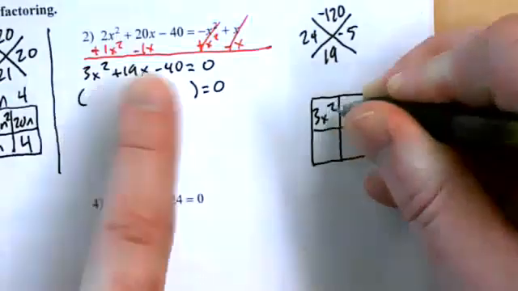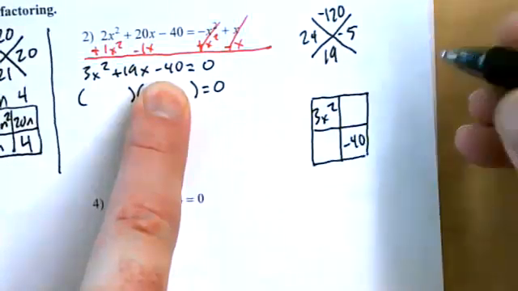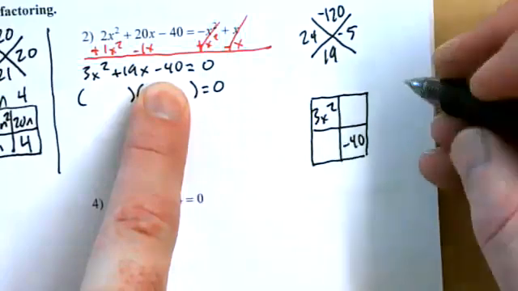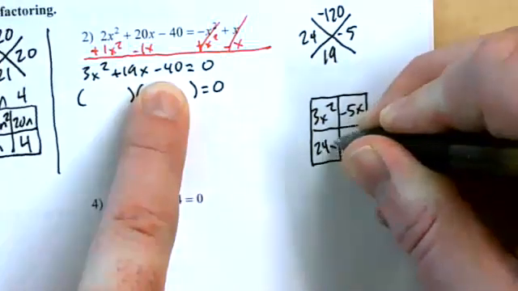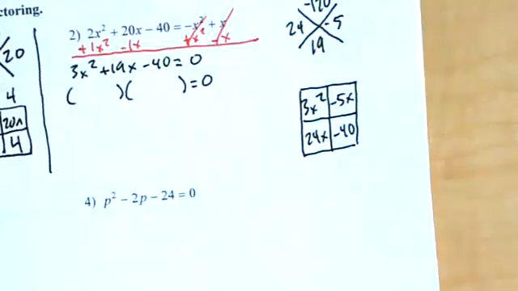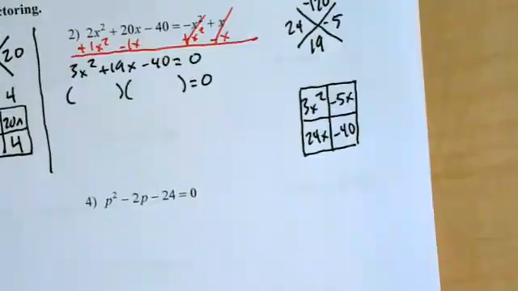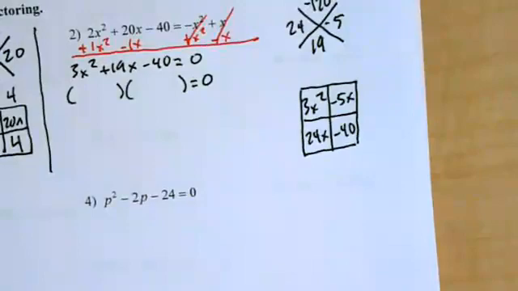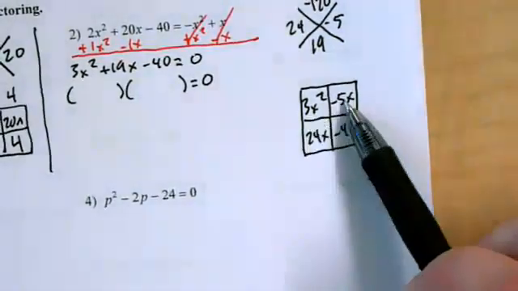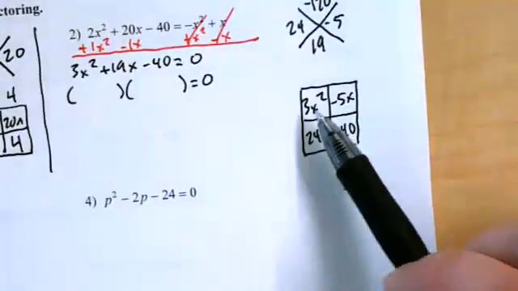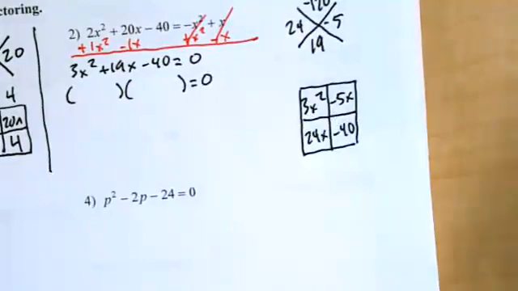3x squared, negative 40. We've got a negative 5x and a 24x. I'm trying to think what I could put off to the side here. What goes into both 3 and 5? There's only one whole number that goes into both 3 and 5. 1.